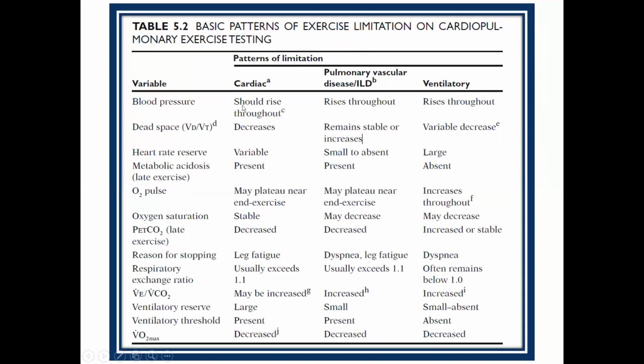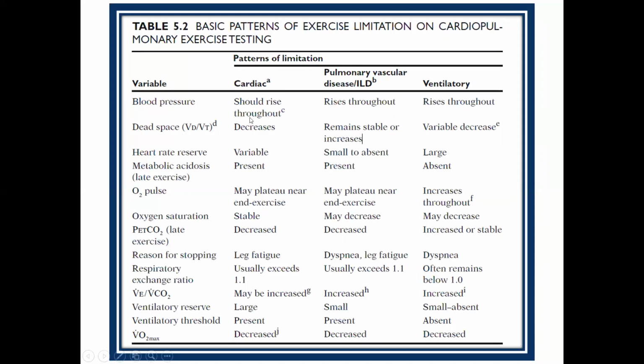well, the first thing is, generally speaking, your blood pressure will rise. But if your blood pressure drops, that is a very poor prognostic sign. Your VD to VT, I just told you in normal people or people with cardiac limitation, should decrease because you recruit more alveoli, pulmonary capillaries in the alveoli, and your dead space ventilation will decrease.